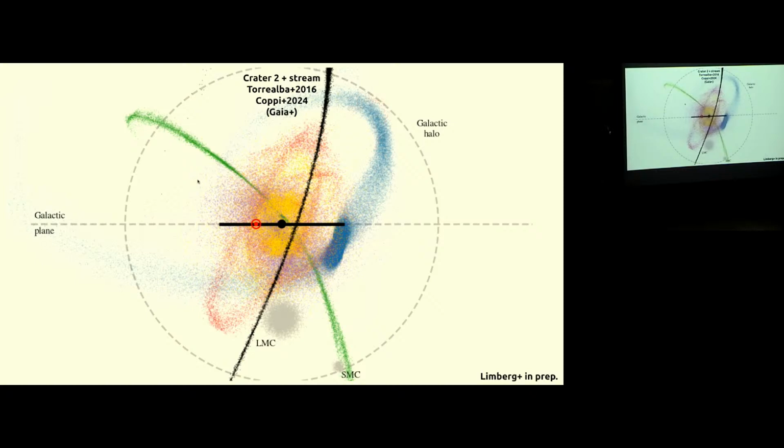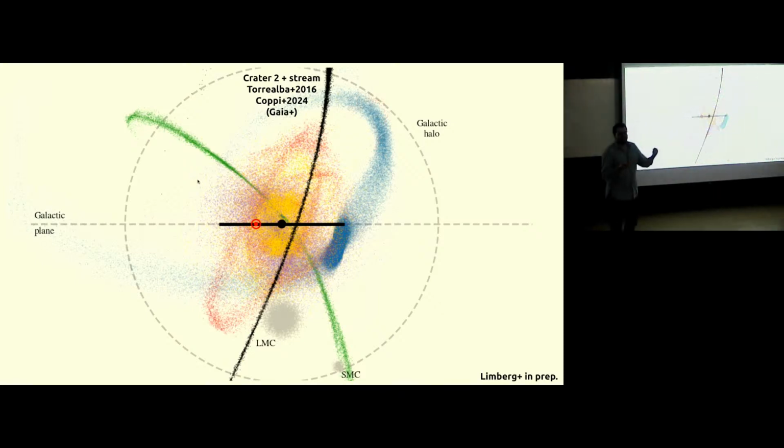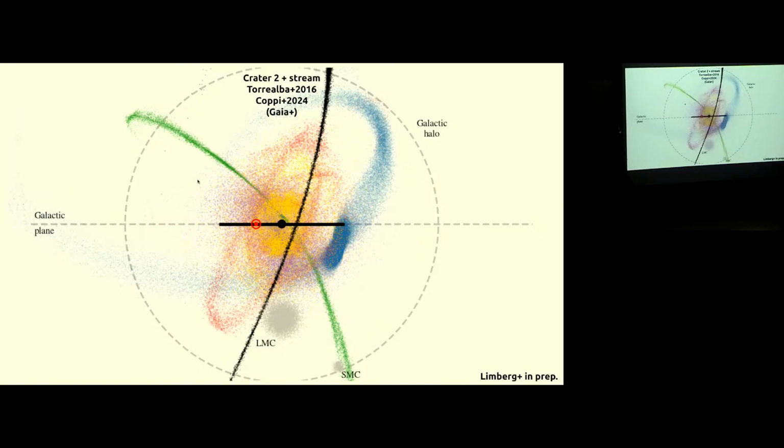So all of this is to say that the message that I'm trying to convey is that this sequence of accretion events is not only important because it is crucial to the evolution of the Milky Way itself, because this is telling us about the accretion history of our galaxy, but also they are important on their own because we can learn about galaxy evolution on a star-by-star basis by looking at, for example, the detailed chemical compositions of stars, simply because they are so close to us that we can just go out there and get high-resolution spectroscopy to get detailed chemical abundances, and also detailed kinematics for these things.